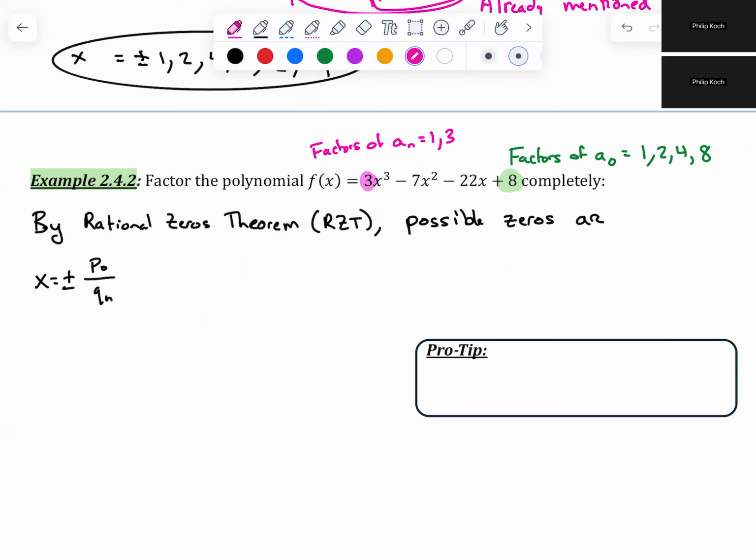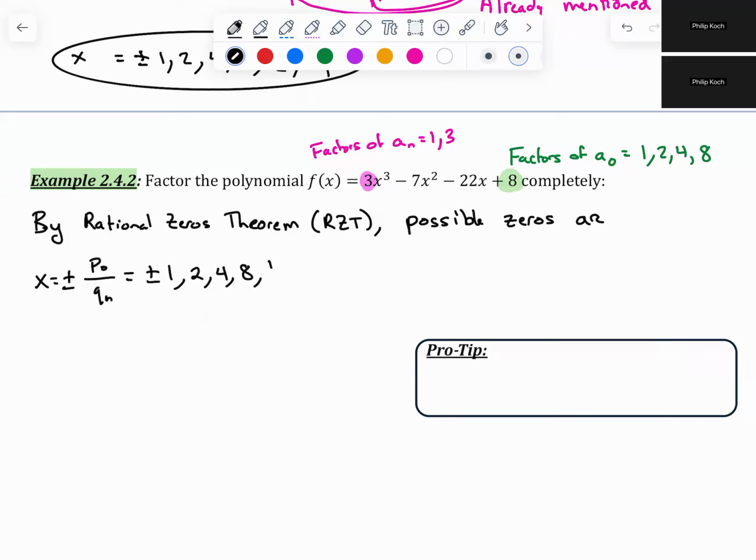So I've always done it by fixing the denominator and writing them that way. So this would be plus or minus 1 over 1, which is 1, 2 over 1, 4 over 1, and 8 over 1.